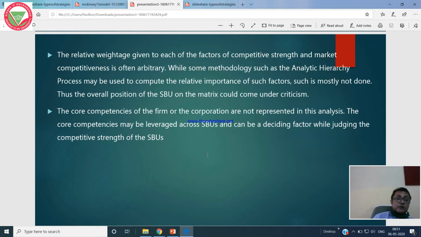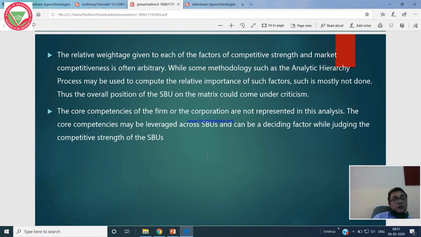Therefore, it becomes very important for the company to select the correct aspect, the correct parameter while designing the GE matrix. The core competencies of the company or the corporation are not represented in this analysis. The core competencies may be leveraged across SBUs and can be a deciding factor while judging the competitive strength of the SBU.